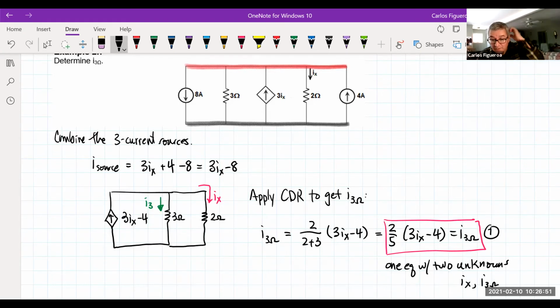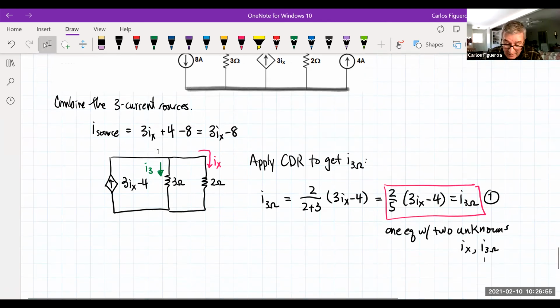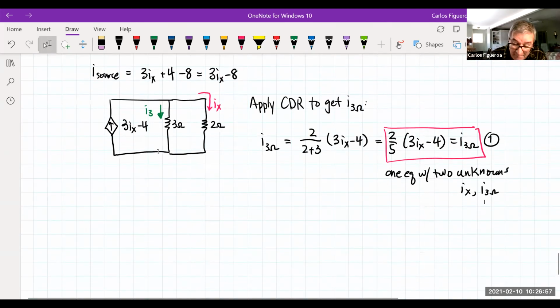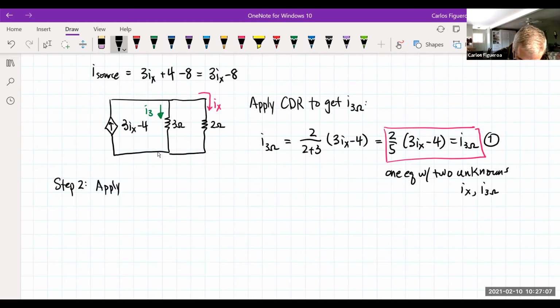So those are my two unknowns. So what do I got to do here? I have to apply my DC condition. Typically, I don't say step 2. I just say I'm going to apply my DC condition, which is my dependent source condition here.